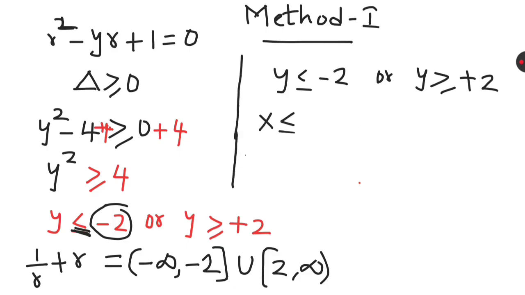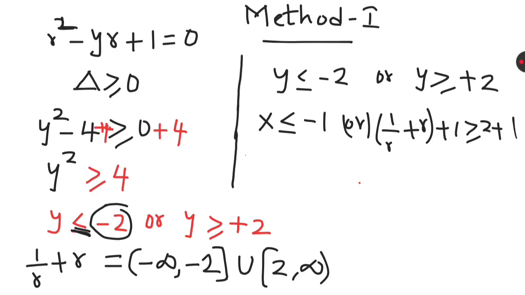So x is less than or equal to minus 1 here. Also for y greater than or equal to 2, add plus 1 on both sides. Then it is 2 plus 1, which is 3, and 1 over r plus r plus 1 is nothing but x. So now write the ranges for this x.